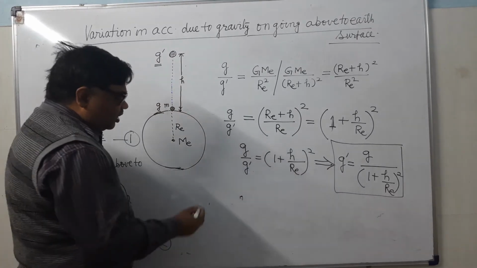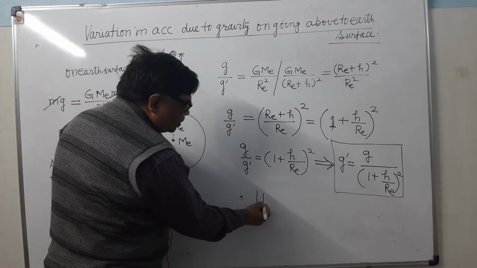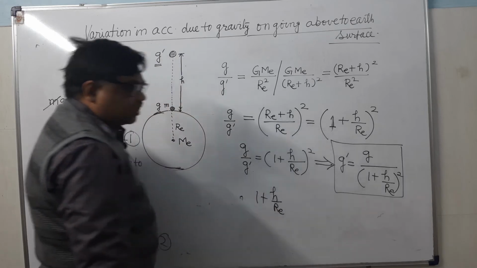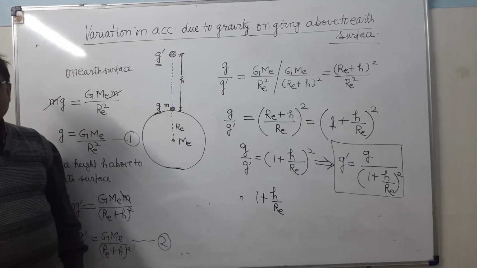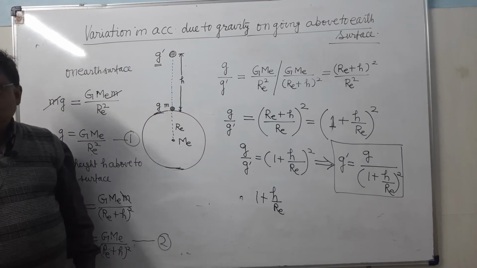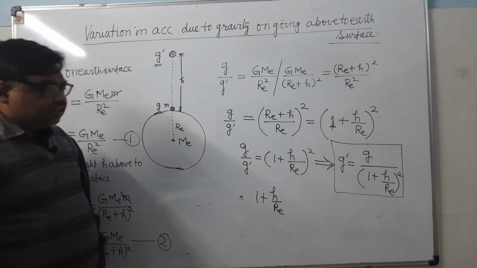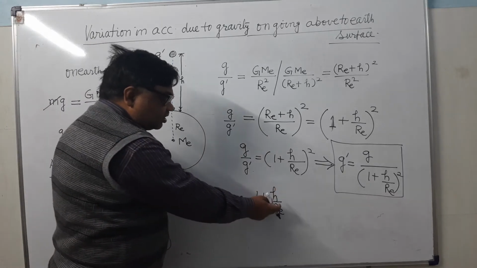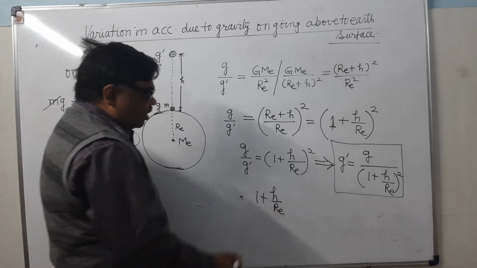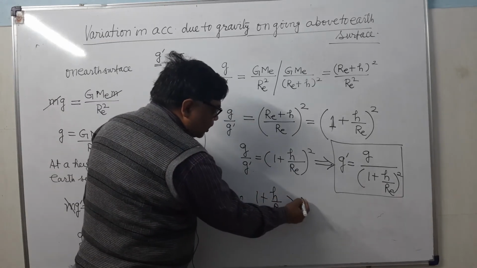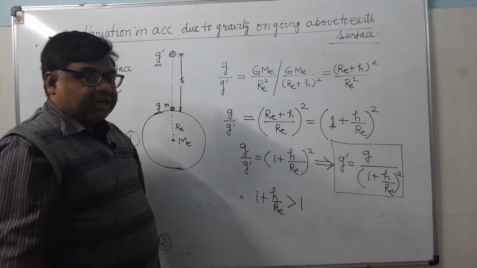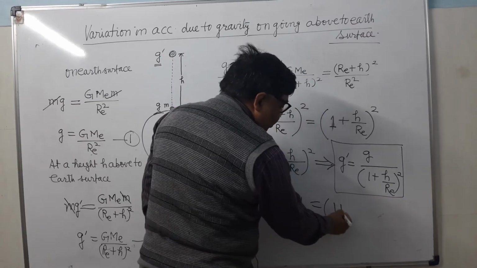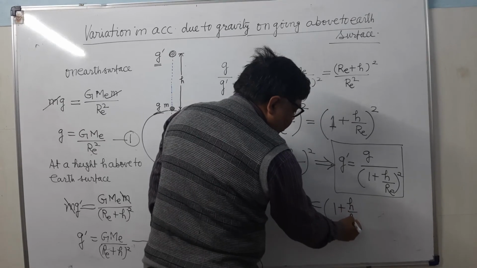So you can see here, 1 plus h upon Re, will it be greater than 1 or less than 1? h is height, Re is the Earth's radius. This is a positive quantity. Therefore, it will always be greater than 1. And when it is greater than 1, then its square will also be greater than 1.